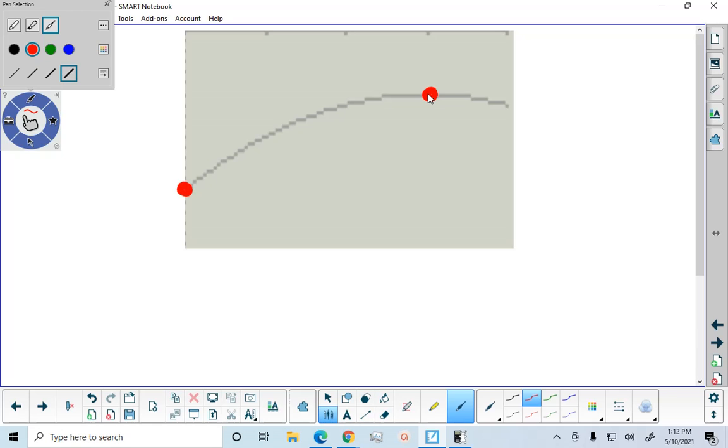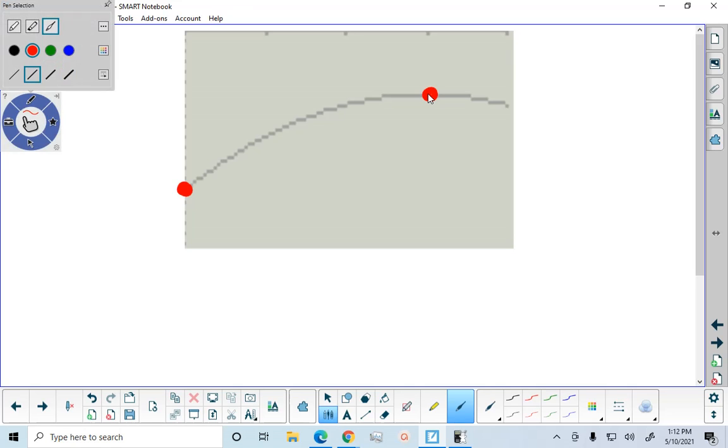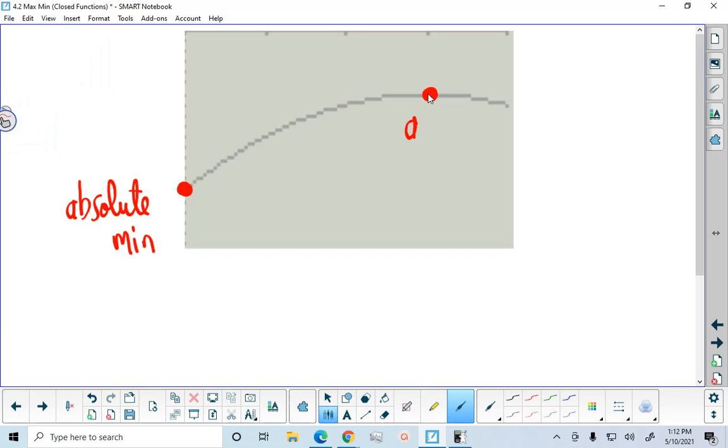There's no other point that's lower than that other point I've indicated. So this is corresponding to the absolute minimum, and this is corresponding to the absolute maximum.